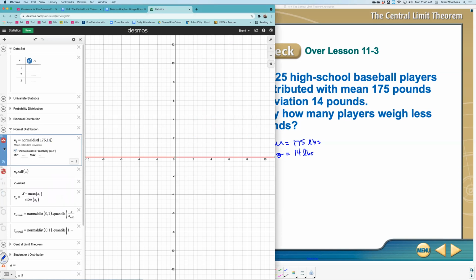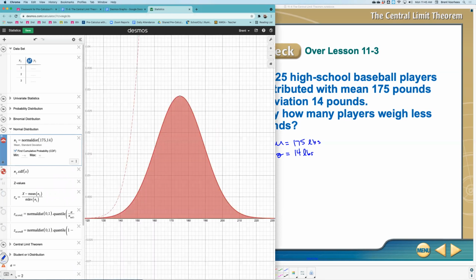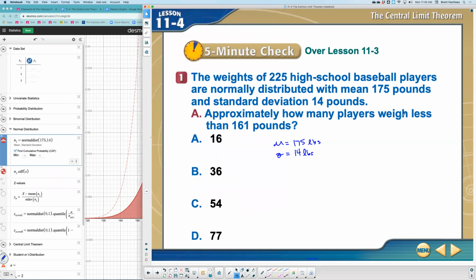At that stage, I'm going to click this little plus to zoom fit. It'll show me my chart, and this over here is the cumulative probability, or the CDF, represented on the side. If we want to know how many players weigh less than 161, that means the maximum weight is 161 pounds.